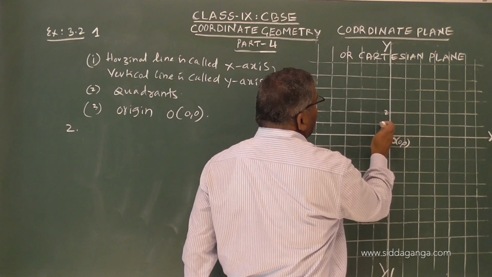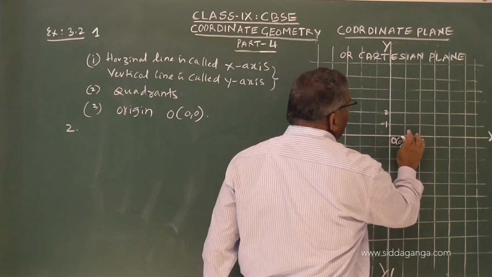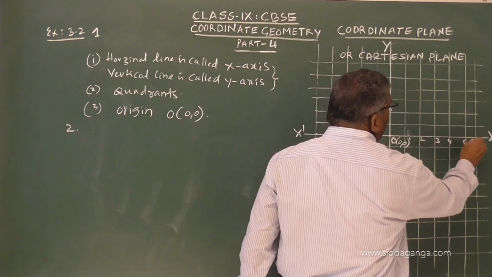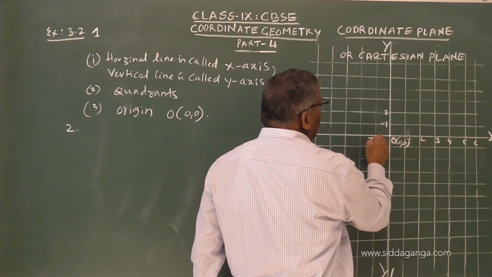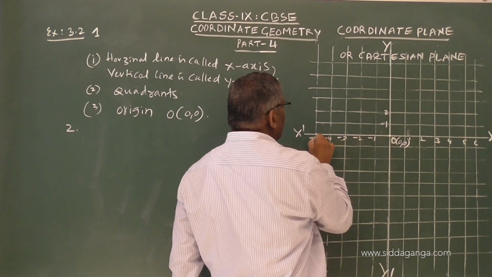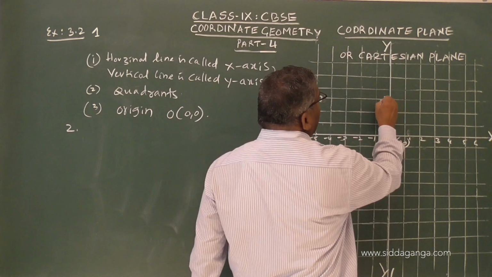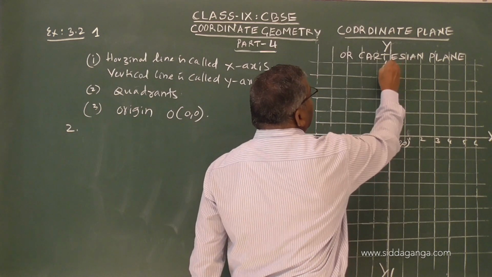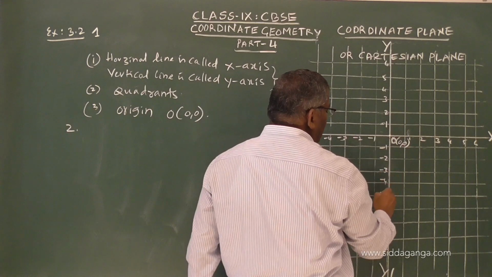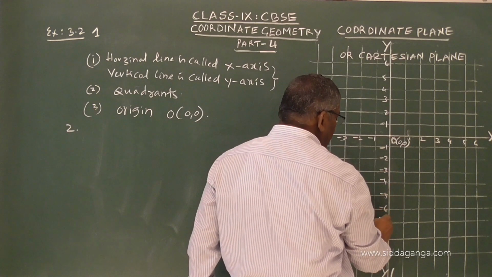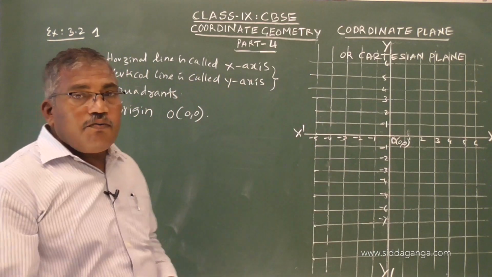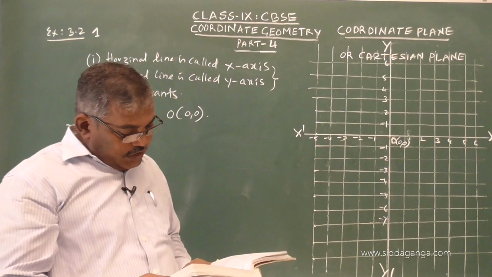This is the plus direction 1, 2, 3, 4, 5, 6, and -1, -2, -3, -4, -5, -6, -7 and so on. So these things you are well aware. You can answer these questions.